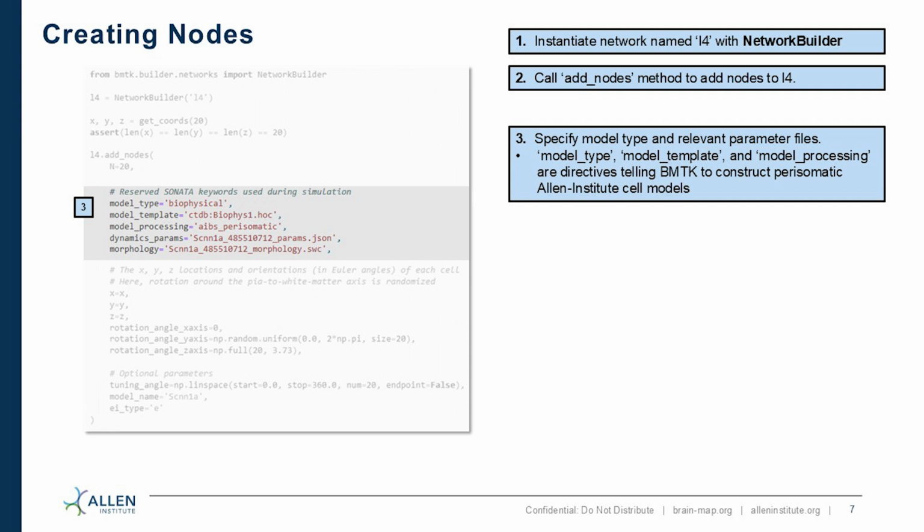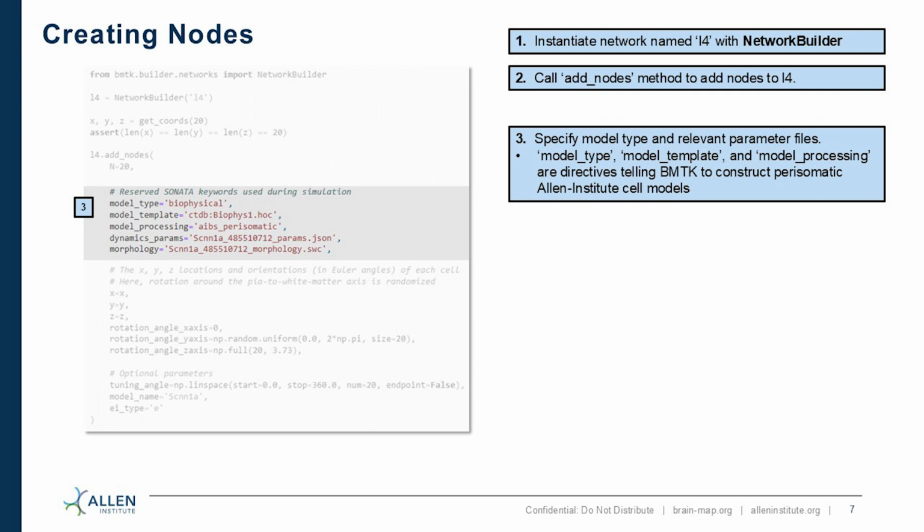Unlike before, when we just had a single cell, we're now dealing with a set of 20 cells. And so there are two main ways of specifying parameters or properties of nodes in the model.